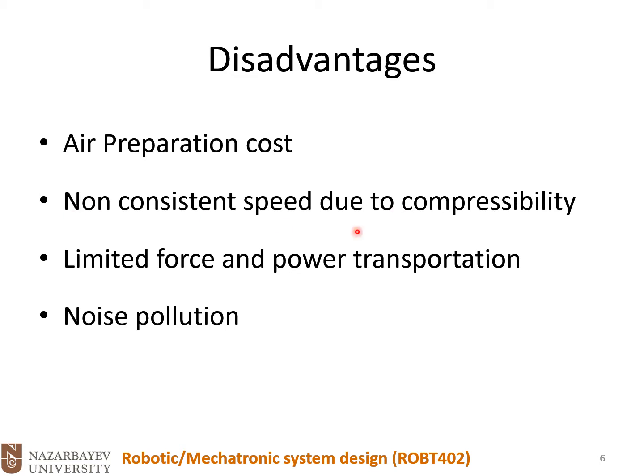It's true that compressibility brings us some level of safety, but from the other side, what is the trade-off? The trade-off is that the speed of those cylinders is not consistent. Why? Because the pressure inside a cylinder or actuator changes and is not exactly equal to the pressure in the storage or at the compressor.